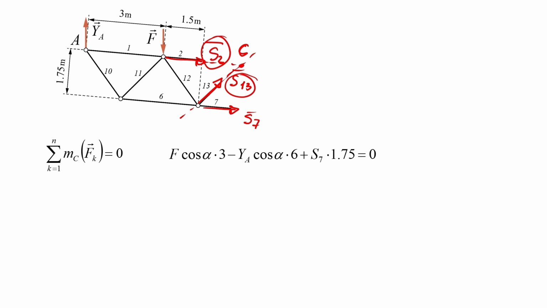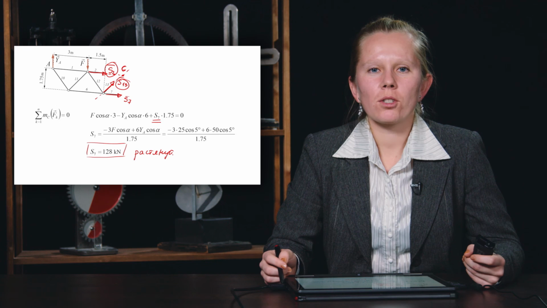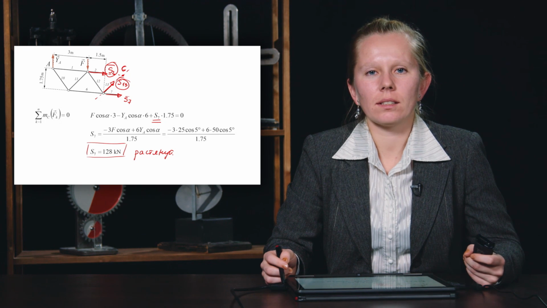Thus, we have obtained one equation with one unknown S7. Solving this equation, we can find the value of the force in the bar. Here, the value is found to be positive, which means that the bar is under tension. Similarly, we can find the forces in all other bars of the truss.